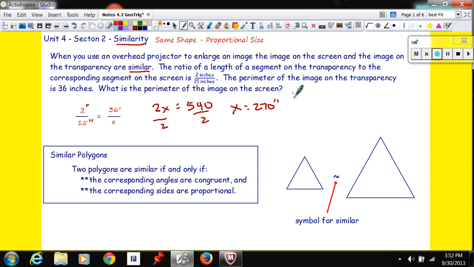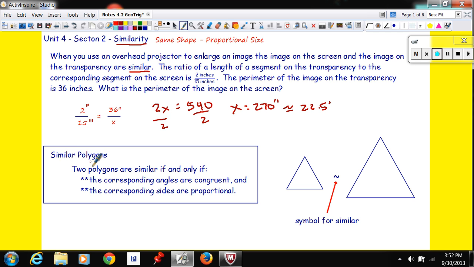So you divide it by 12, you get 22.5. So 22.5 feet approximately. So that's what the perimeter of the image on the screen would be. Of course, that would be huge. So we would have to have one of those really big theater screens or something for that.